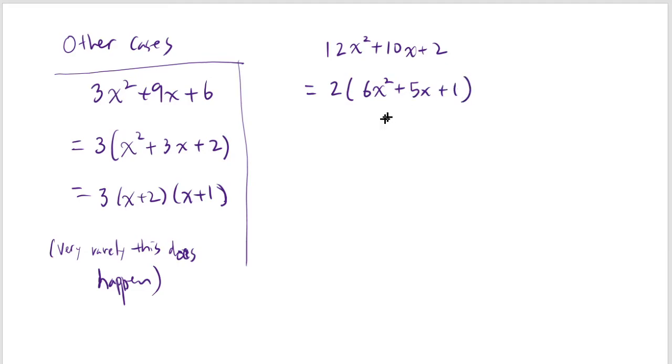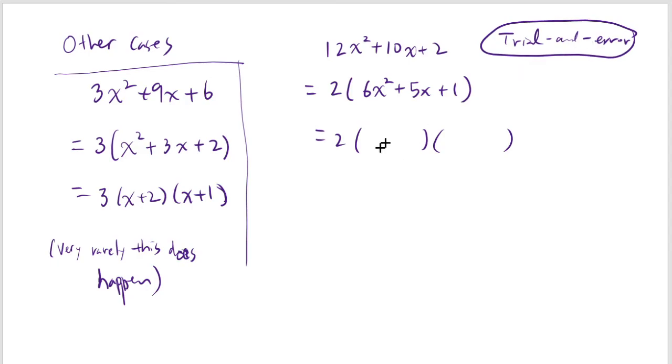And when the numbers are not too big, you can just do this by trial and error. So the trial and error method does the following. Since the last term is 1, which is plus 1 times plus 1, if this is plus, then you know that these should both be positive, so put plus 1. There's no other way. This has to be 1 and 1.